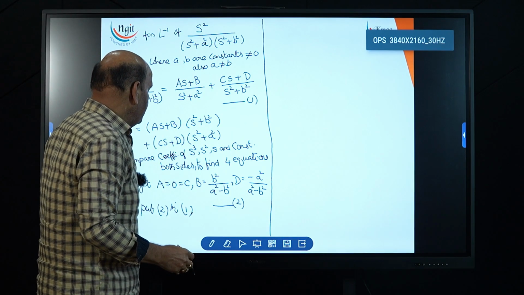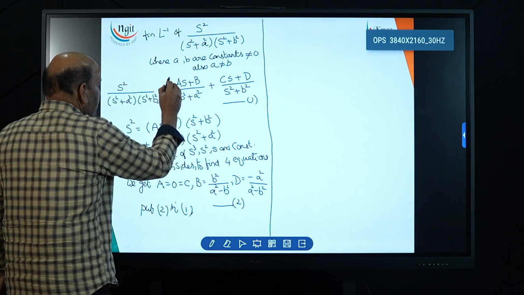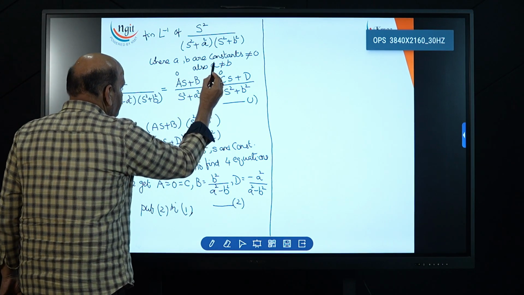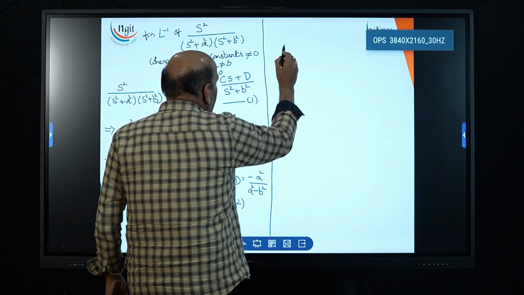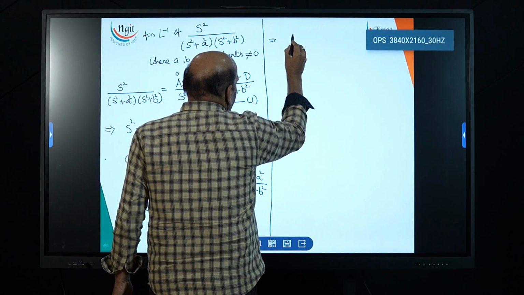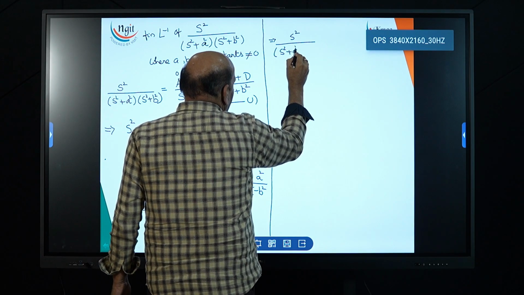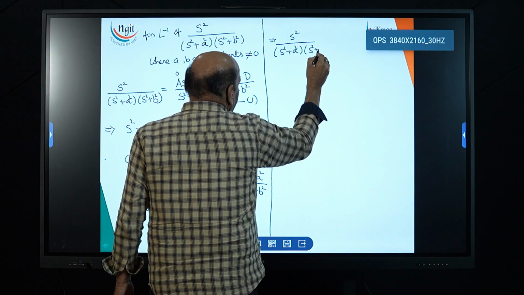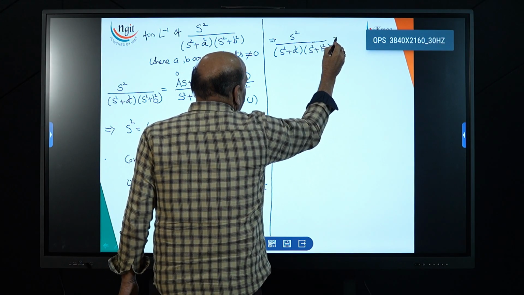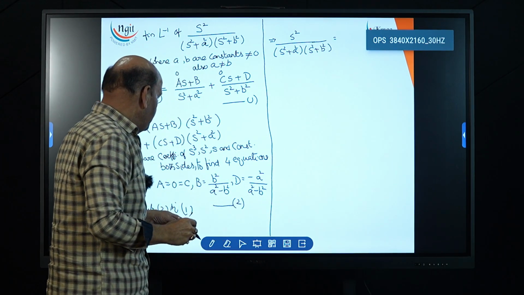Now here which one is 0? A is 0, C is 0. Now this implies s square by (s square plus a square)(s square plus b square) is equal to, what is the value of B?